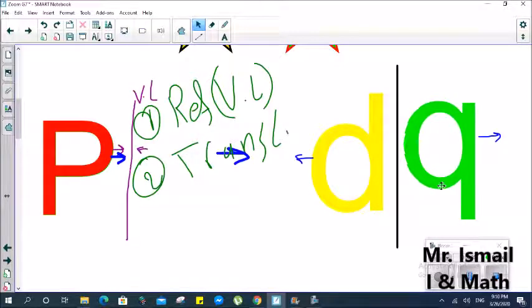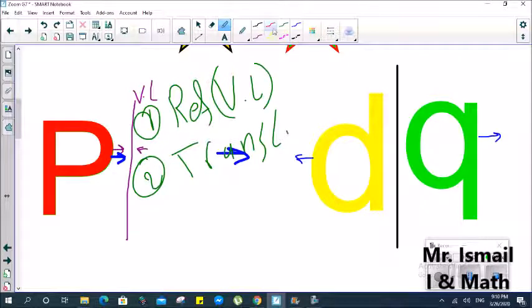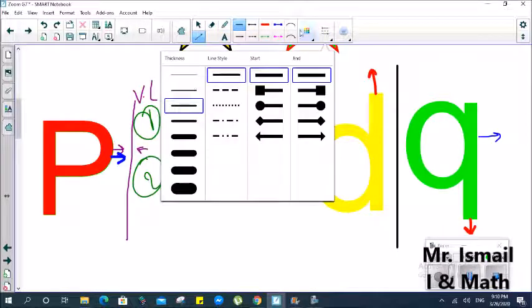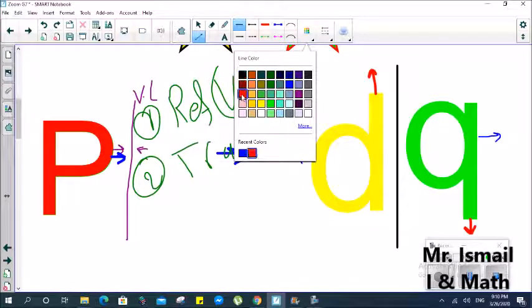Still you have to do something. Look here. For this part, you see this? I will do another arrow. Here one and here one. Also they are what? Opposite. Now I will do another reflection.